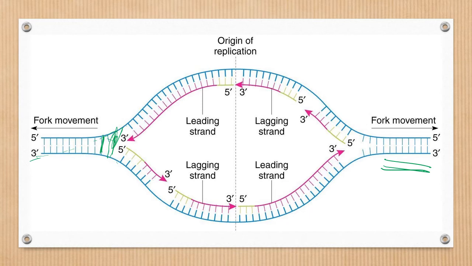This broken end is unwinding; the total unwinding is done by helicases. So in this region, bidirectional replication occurs, as already discussed. The region where replication starts we consider as the origin of replication, or replication unit, or replicon.